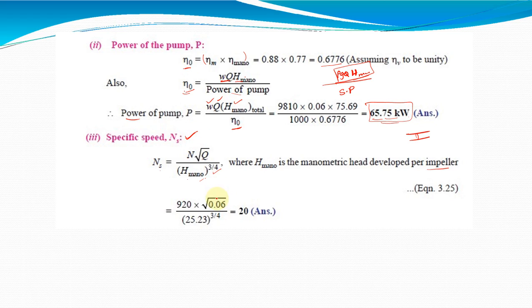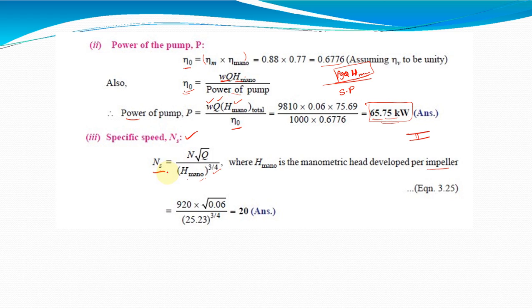You can use only the head developed by one impeller, right? Specific speed means the speed of the runner, suppose the runner is delivering 1 meter cube per second against 1 meter head, then the speed at which the runner rotates will be the specific speed. That is the definition.